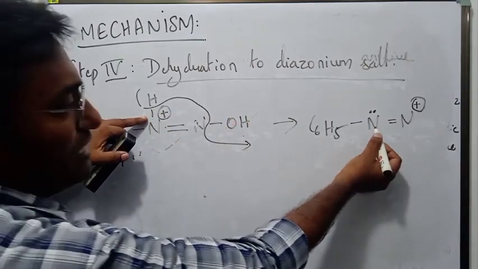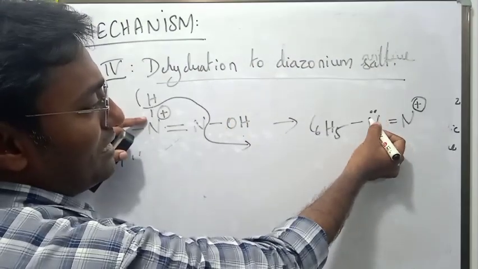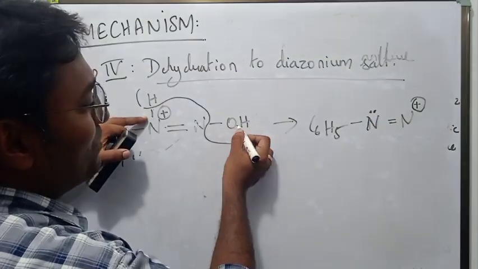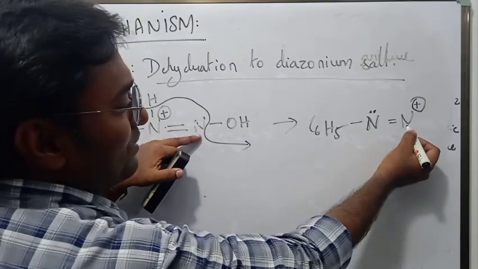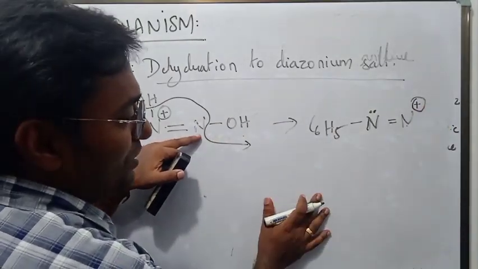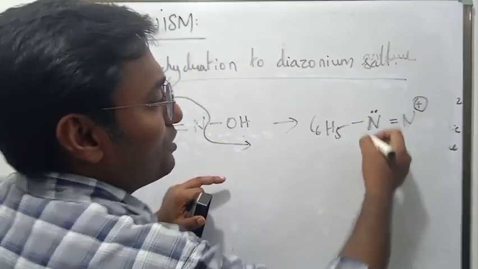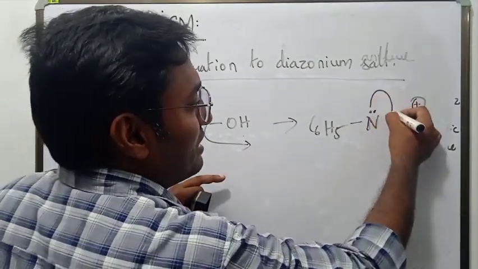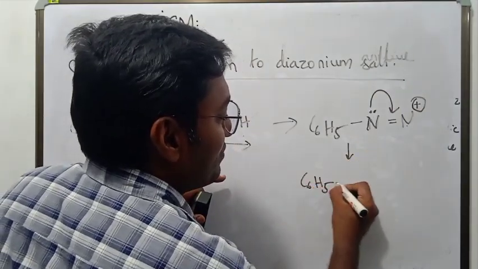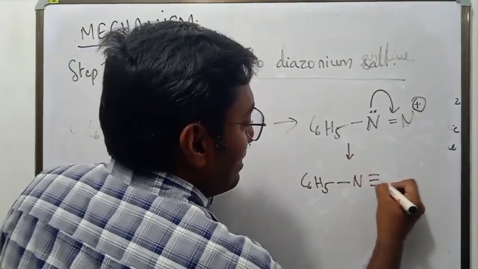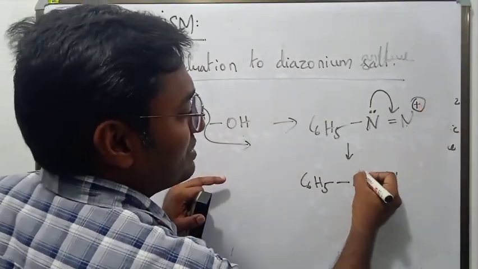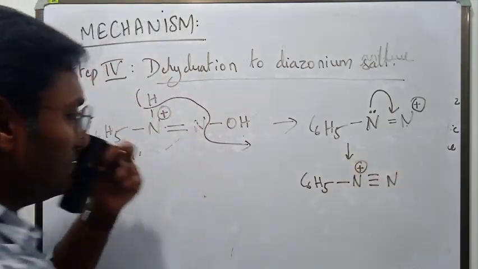So this nitrogen now has got the lone pair of electrons back, and when this OH minus goes, this nitrogen becomes positive because it has lost its bond pair of electrons. Now to compensate the loss, this lone pair comes here. So now we get C6H5N triple bond N. So this positive sign now goes and the positive sign now comes on this nitrogen.